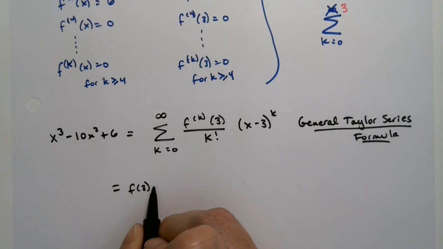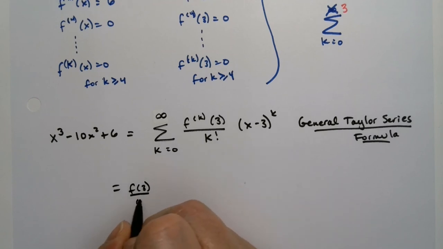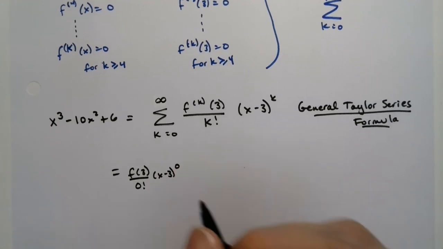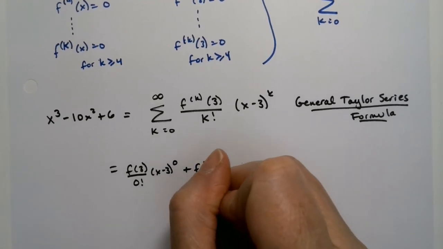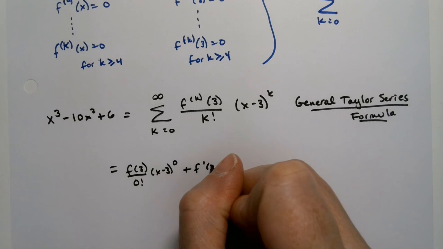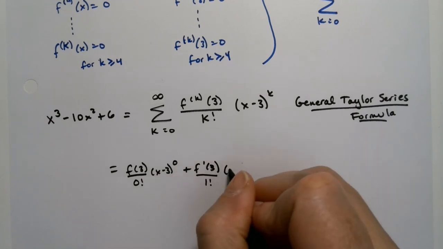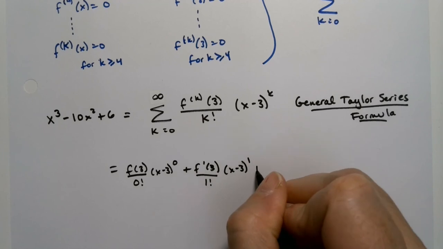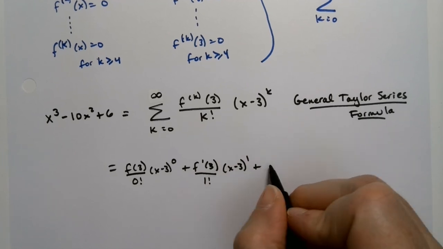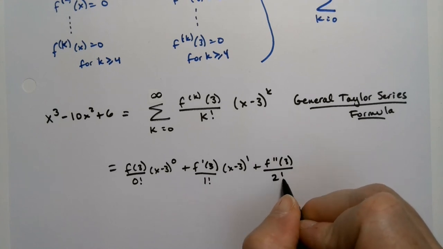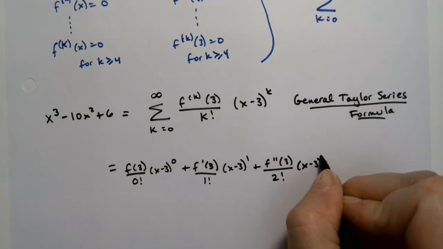So it's f of 3 over 0 factorial times x minus 3 to the 0. So that's going to go away. Plus f prime of 3 over 1 factorial times x minus 3 to the 1, plus f double prime of 3 over 2 factorial times x minus 3 to the 2.